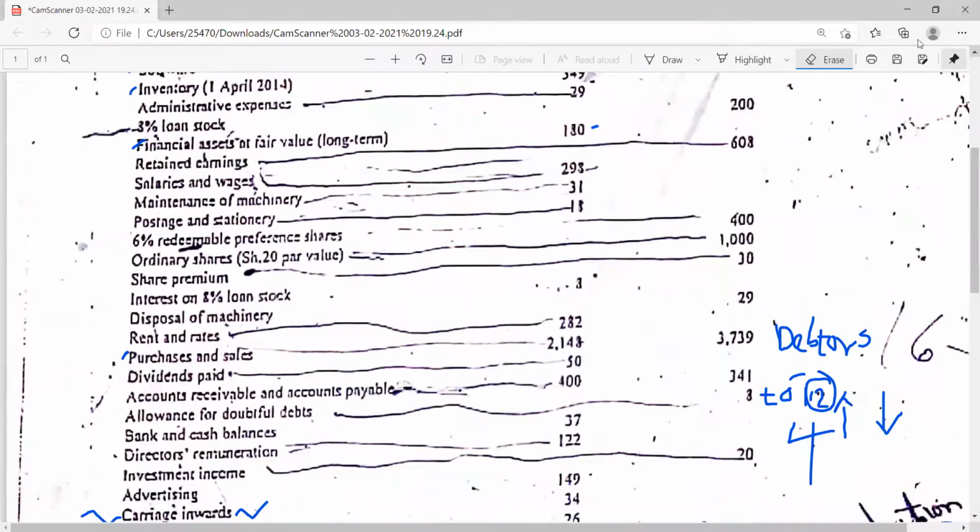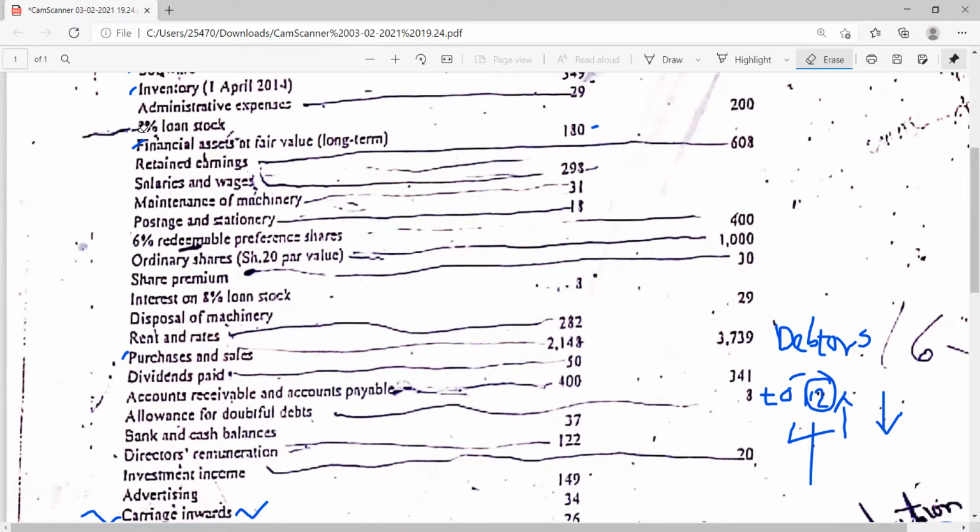I have the two of them. I have 8% loan stock, and I have 6% redeemable. Redeemable is a liability. Irredeemable is equity.